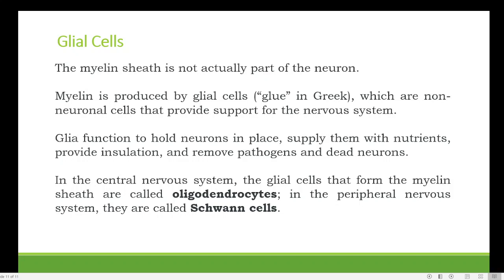All other nerve components in our body come under the peripheral, or outside, nervous system. If the glial cells are present in the peripheral nervous system, we call them Schwann cells. If they are present in the central nervous system, we call them oligodendrocytes. But the terms oligodendrocytes and Schwann cells both refer to glial cells, and the purpose of the glial cell is protection of the myelin sheath.